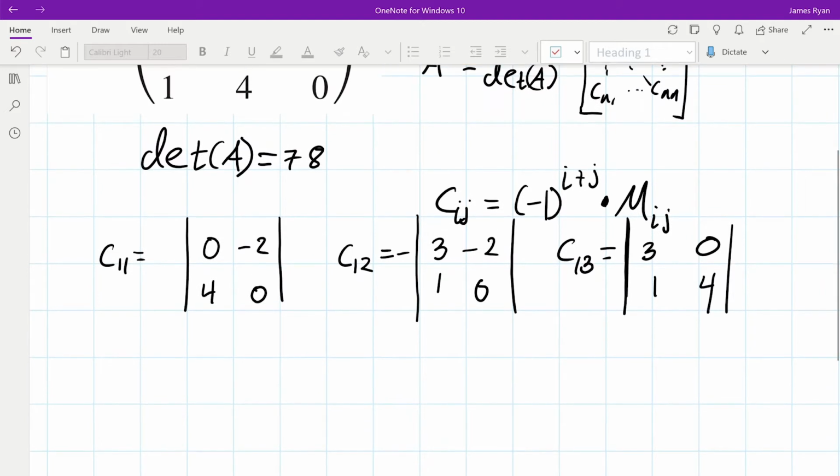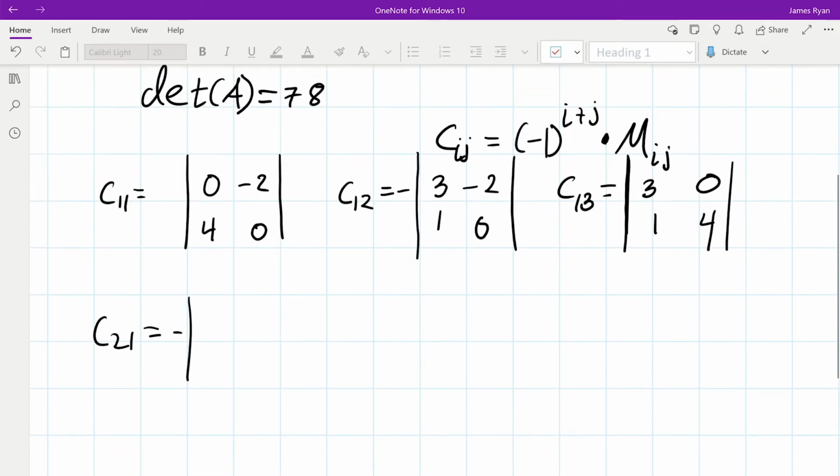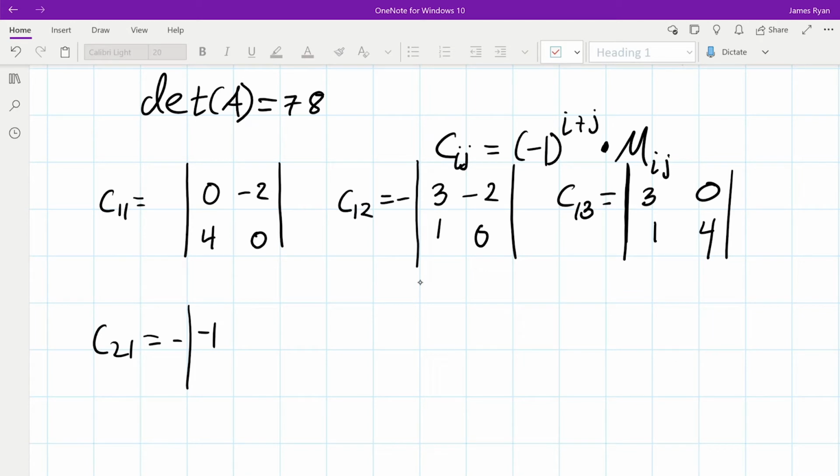Okay, so C21 is -1 to the power 2 plus 1, that's -1, times the minor determinant -1, 0, 4, 5.